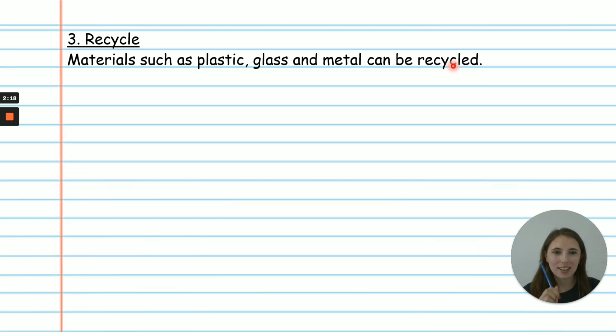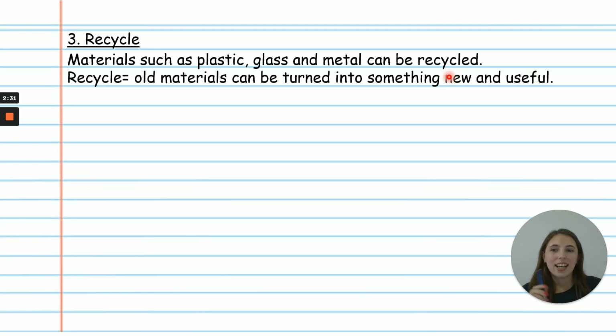So write this down. Recycle is when we take old materials that can be turned into something new and useful. So recycling is when we take something old and we make something new.